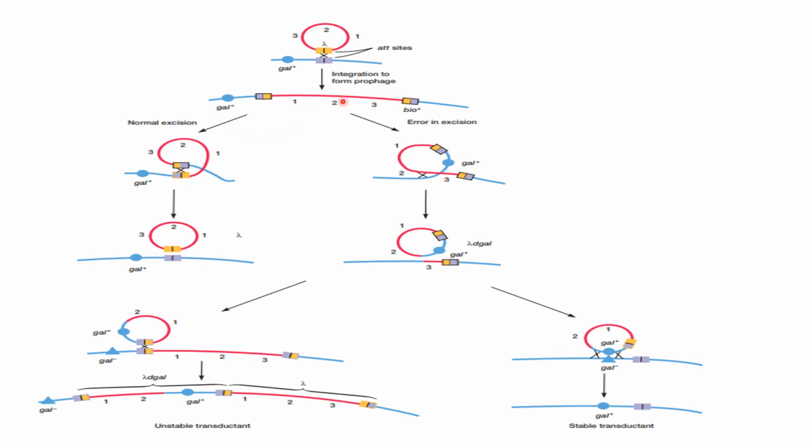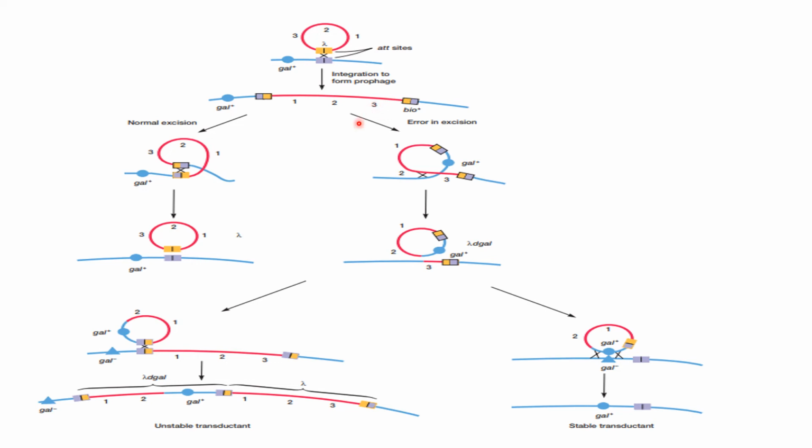So this is the integrated prophage that you are seeing in 1, 2, 3 configuration, and near to this prophage, what you see here in the bacterial chromosome is the gal plus gene and the bio plus gene. Gal plus gene is the galactose utilization gene and this is the biotin synthesis gene. So these two genes are present adjacent to the prophage gene in the bacterial chromosome.